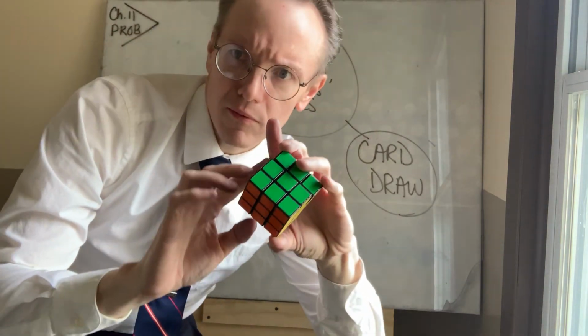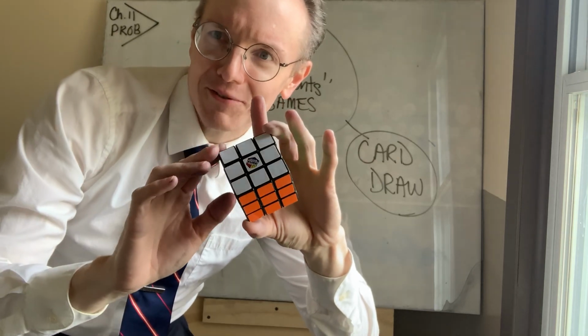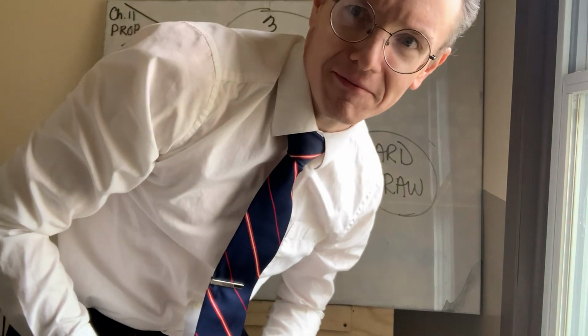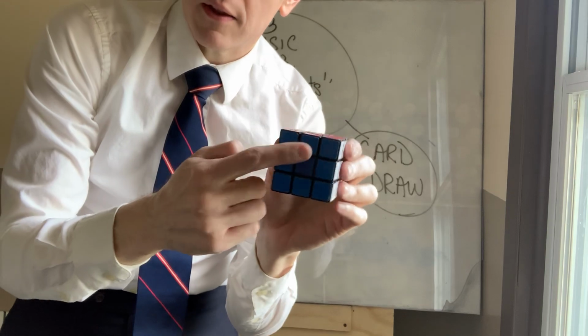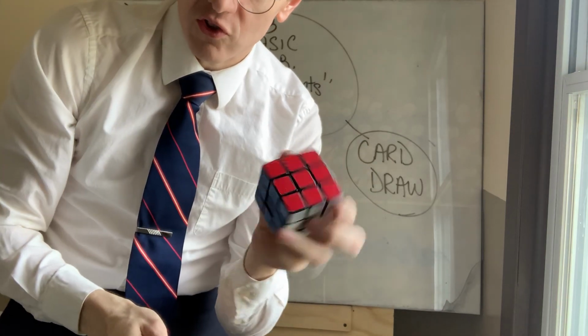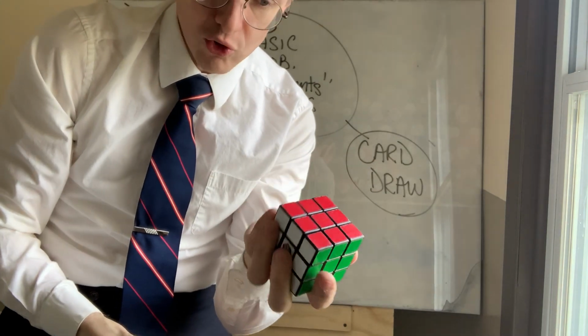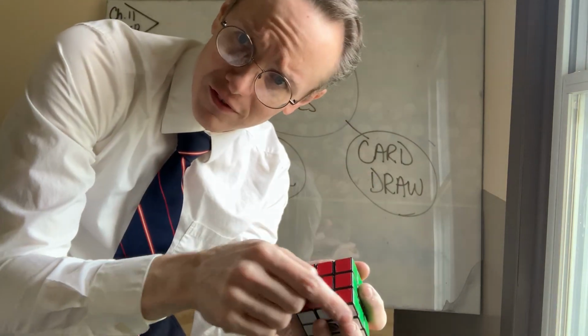Anyhow, the way that they distinguish one side from the other in a Rubik's Cube is to paint it, rather than to put dots on it.